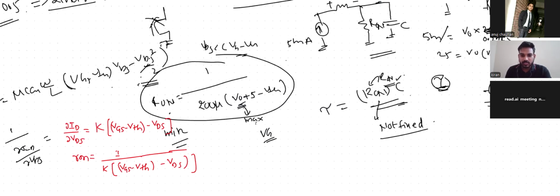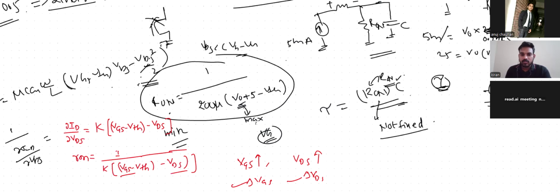My point is that on one end your Vgs is increasing, and at the same time your Vds is increasing. The change in Vds is equal to the change in Vgs. So effectively it looks like there is no change in R on. Why are you saying R on is changing?